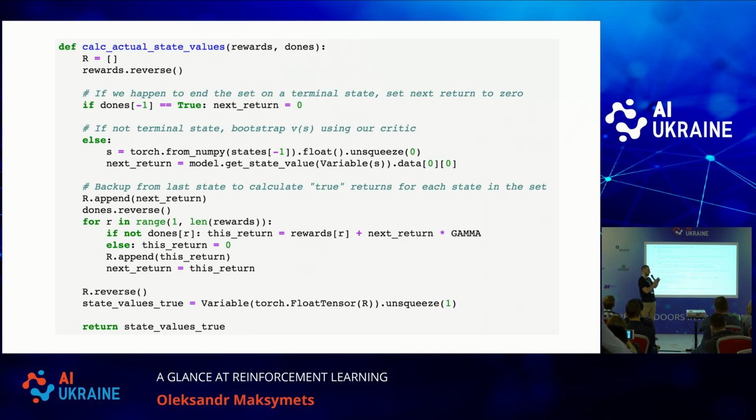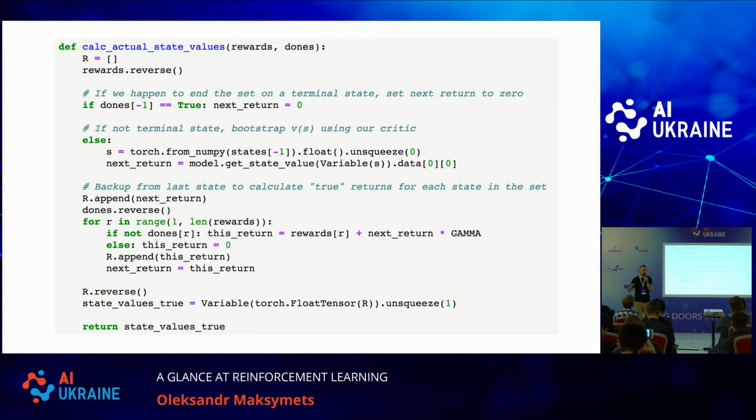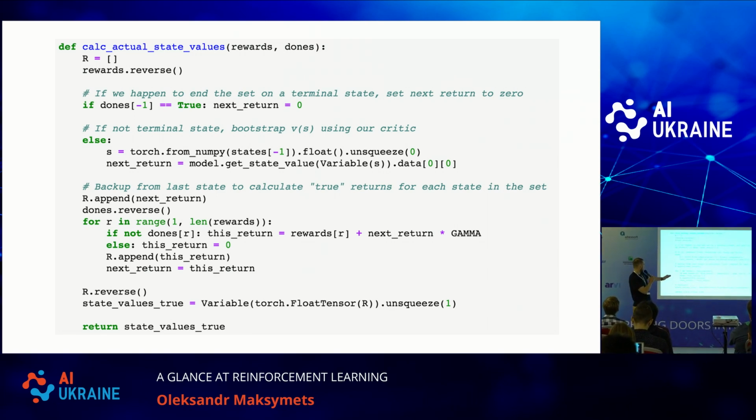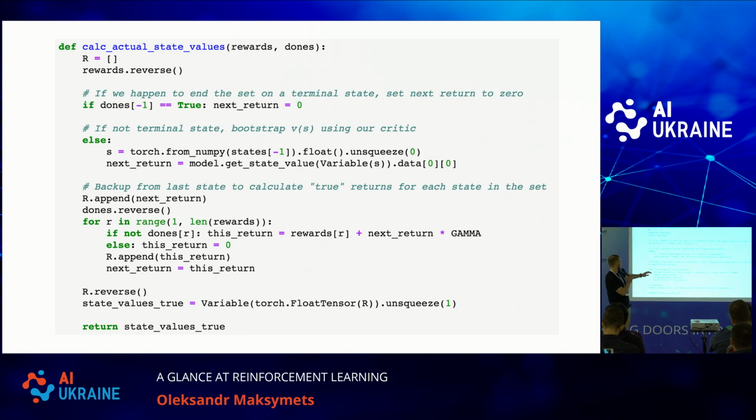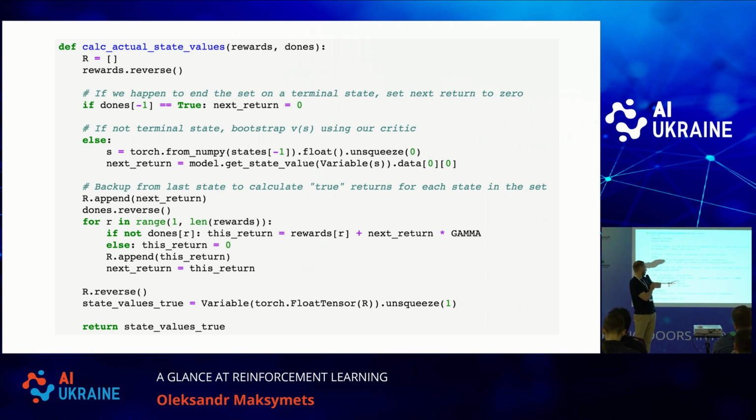Each time we have an end of episode, it means that the value function in that state is 0, because we already finished this episode and there is nothing more we can gain. And then after that, we do prediction.